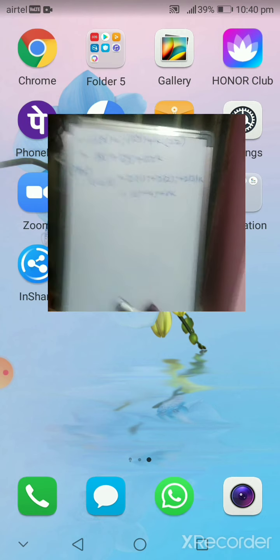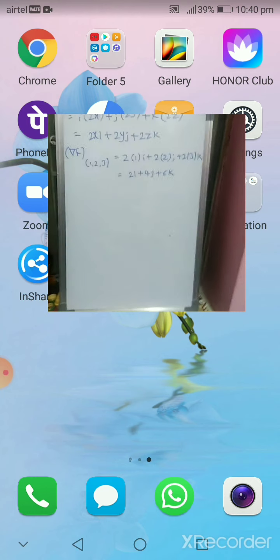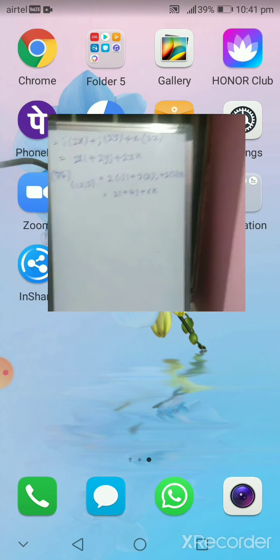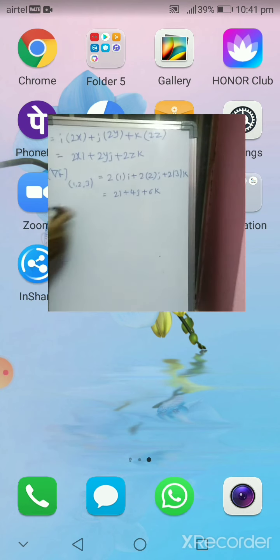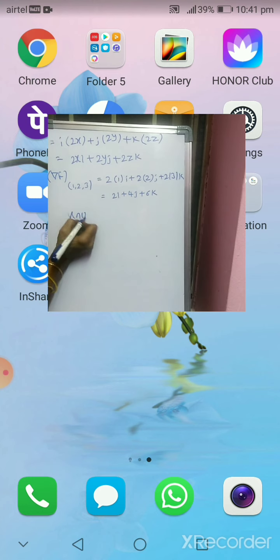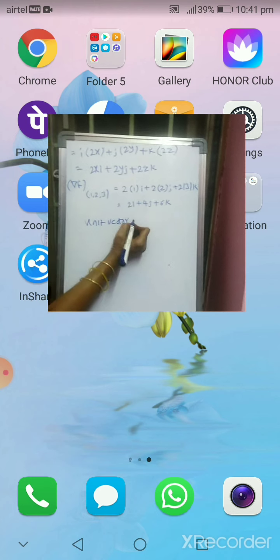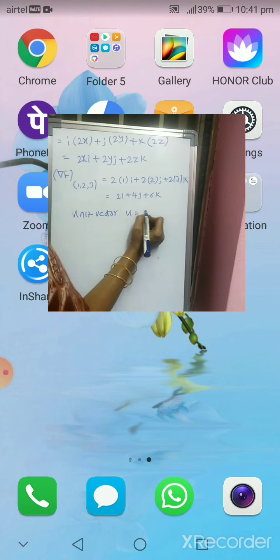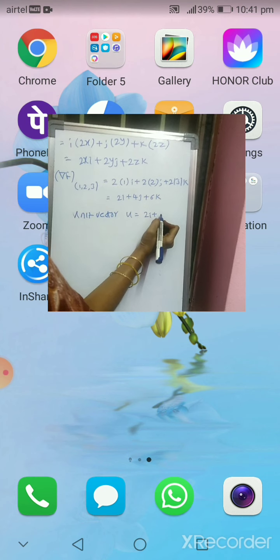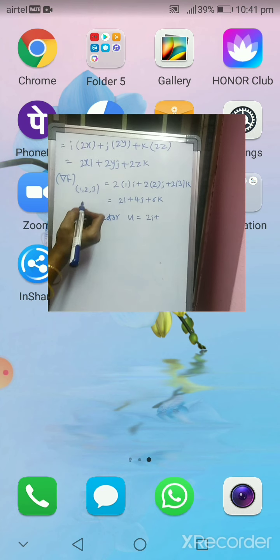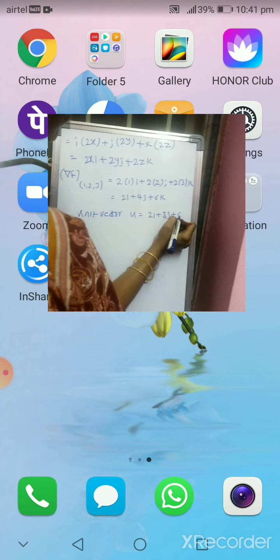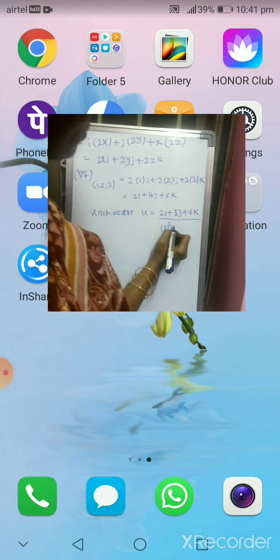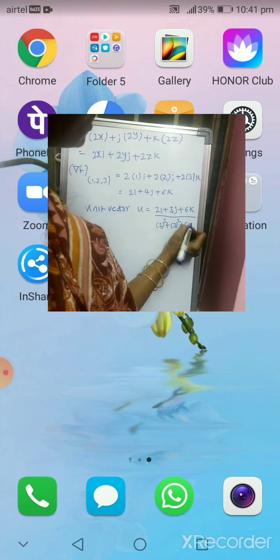Next, the directional derivative. So the unit vector. What is the unit vector? The unit vector u is equal to the given vector 2i plus 3j plus 6k, divided by root of 2 square plus 3 square plus 6 square.